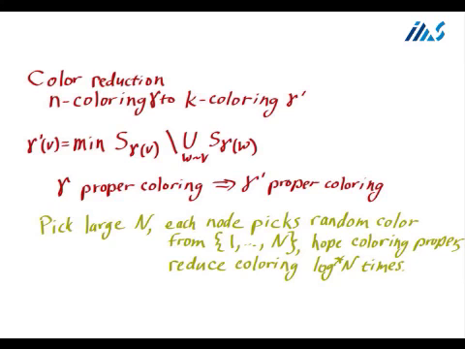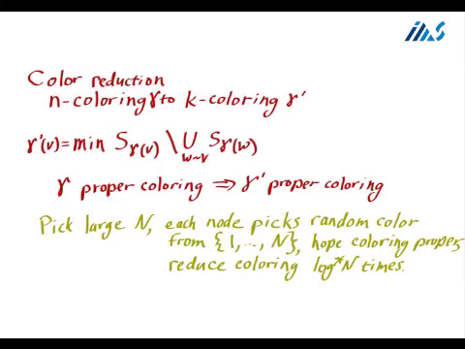Because none of these S's is covered, this is a well-defined function. And because the new gamma prime of v is in S of gamma of v, and the neighboring vertices are in S of gamma of w, and they're excluded here, we're still going to get a proper coloring.